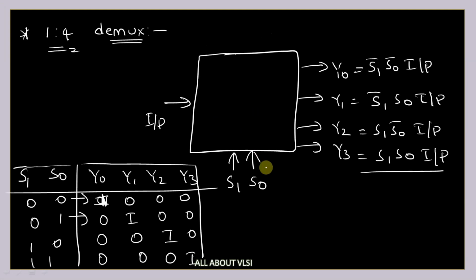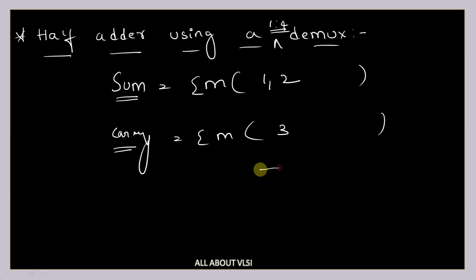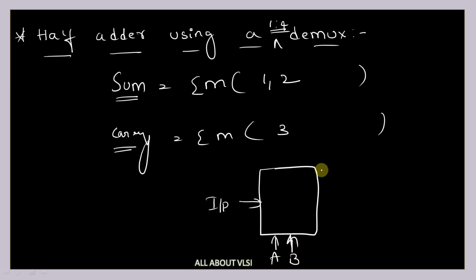So how to design this? We'll take a 1:4 demux like this, with one input. Here you are going to apply your A and B. This is your y0, y1, y2 and y3. y0 is nothing but a bar b bar, and if you apply your input as 1, then it will become 1.